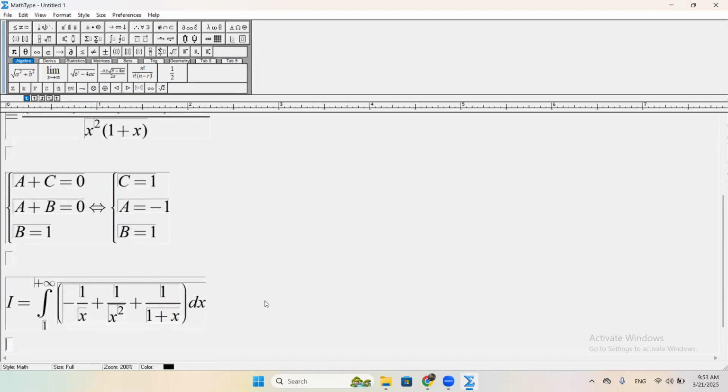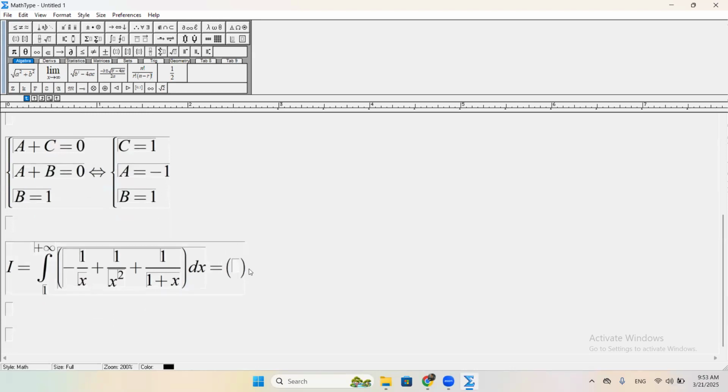So find an antiderivative. It will be the following: minus logarithm of x minus 1 over x plus logarithm of 1 plus x, with the substitutions from 1 to plus infinity. I don't use a modulus here because of positive values.